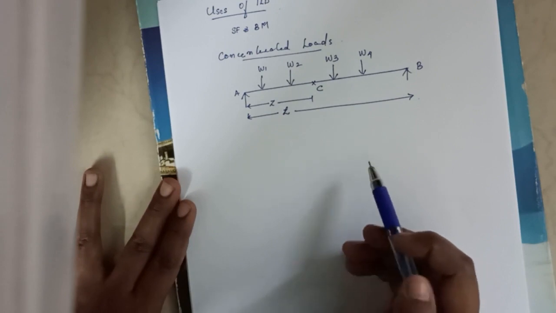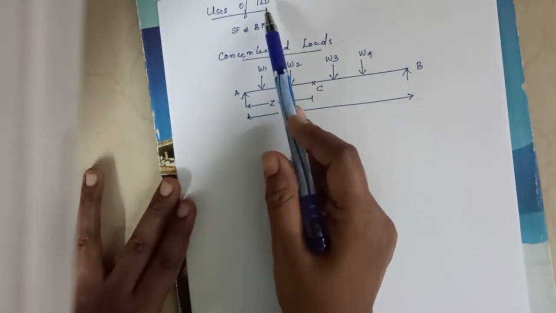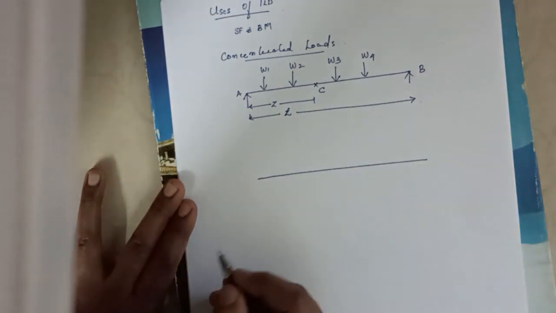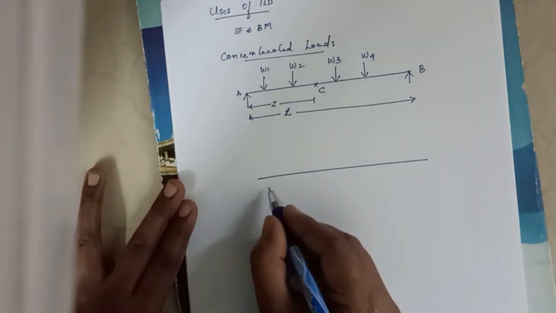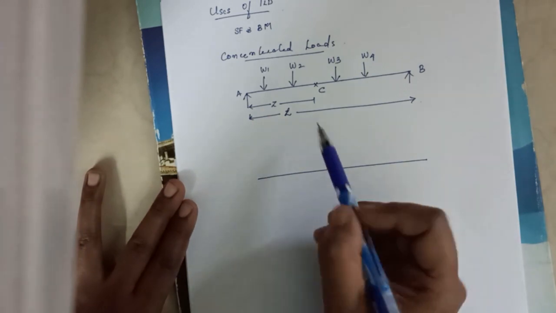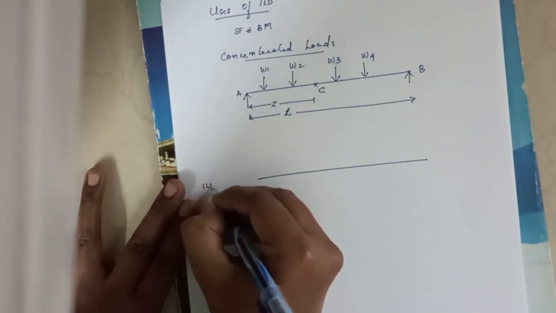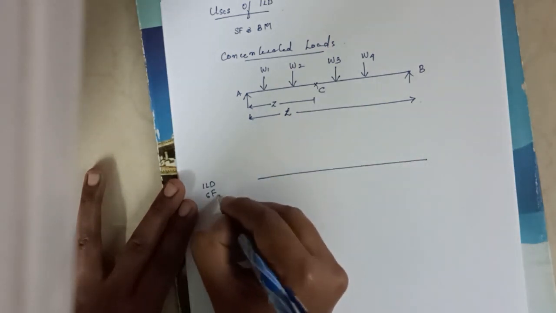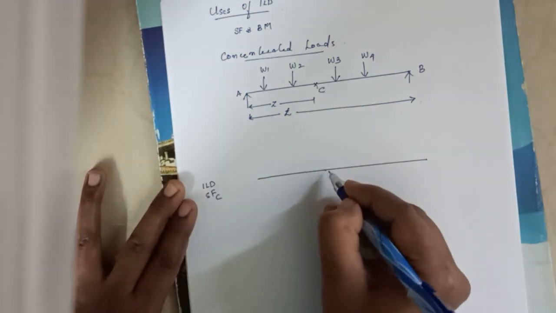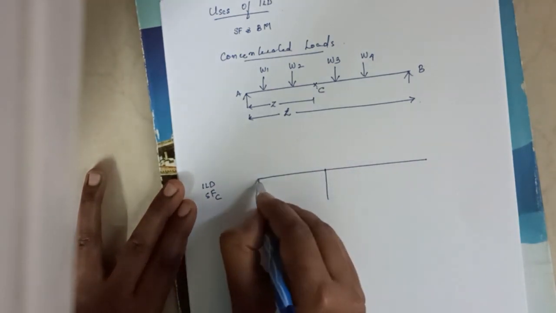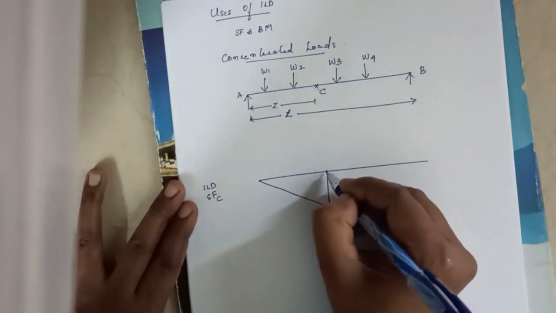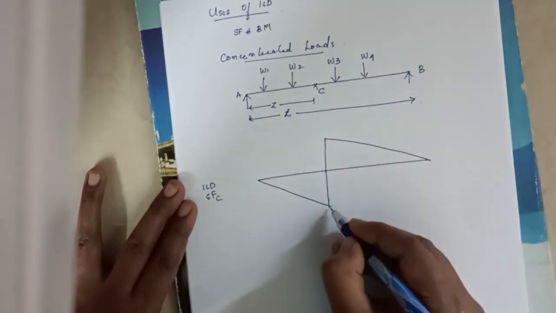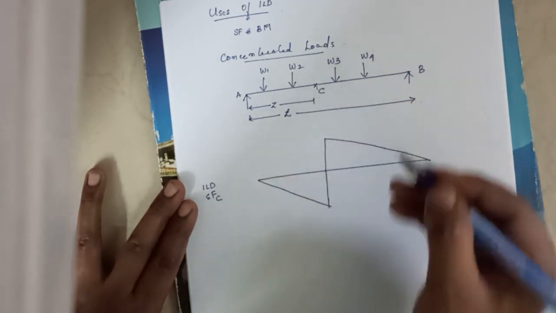For finding the shear force using this influence line diagram, for that we have to draw the influence line diagram for shear force at this section C. We know that at C this is the standard influence line diagram for the shear force at a section.